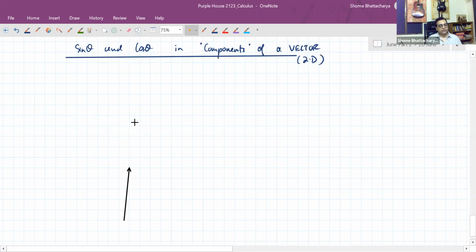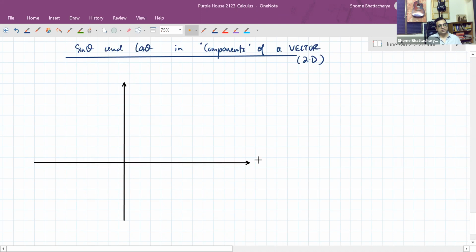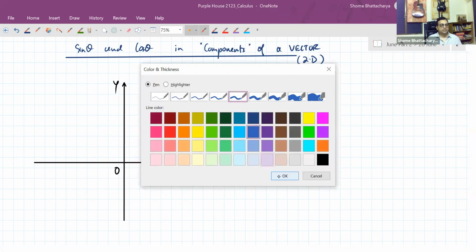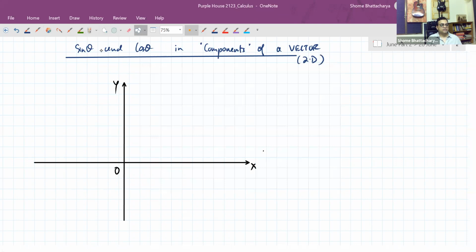As you know, if we draw a vector in reference to an xy coordinate system, that means a two-dimensional rectangular coordinate system, it is represented by an arrow starting from the origin, having a particular length which represents the magnitude of the vector, and a particular direction in which the arrow points, which represents the direction of the vector.